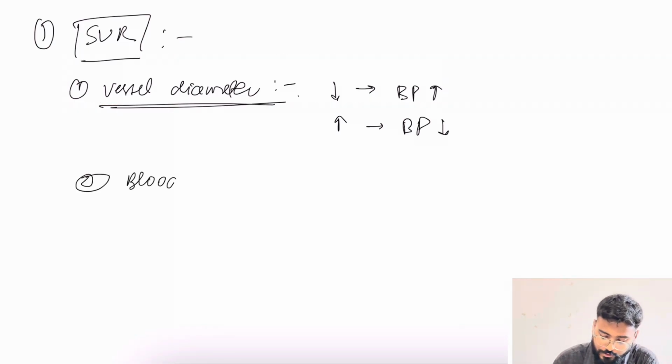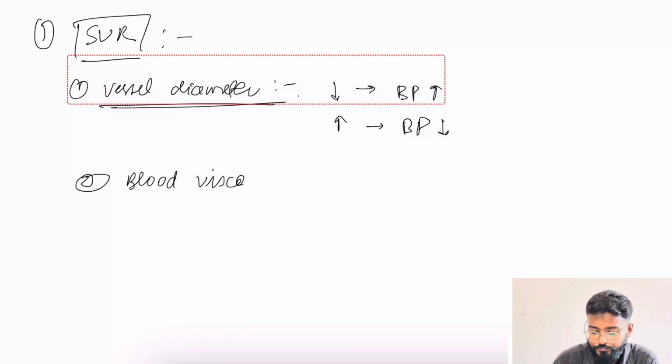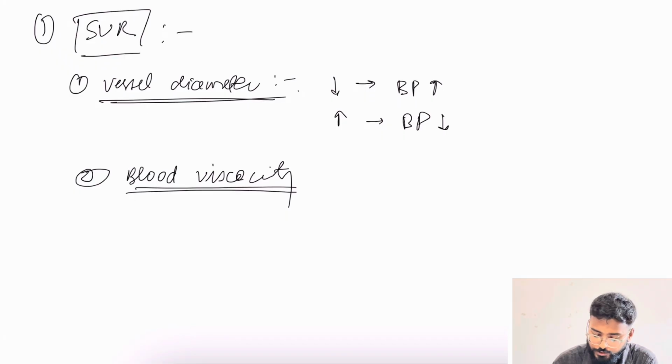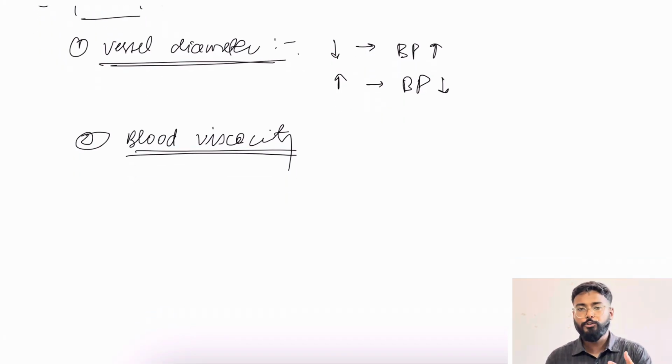Second, can we say it is your blood viscosity? Whenever the blood is more viscous, the viscosity of blood is going to increase, there will be increased systemic vascular resistance, because the left ventricle will need more force to push the viscous blood further into the column inside the blood vessels.